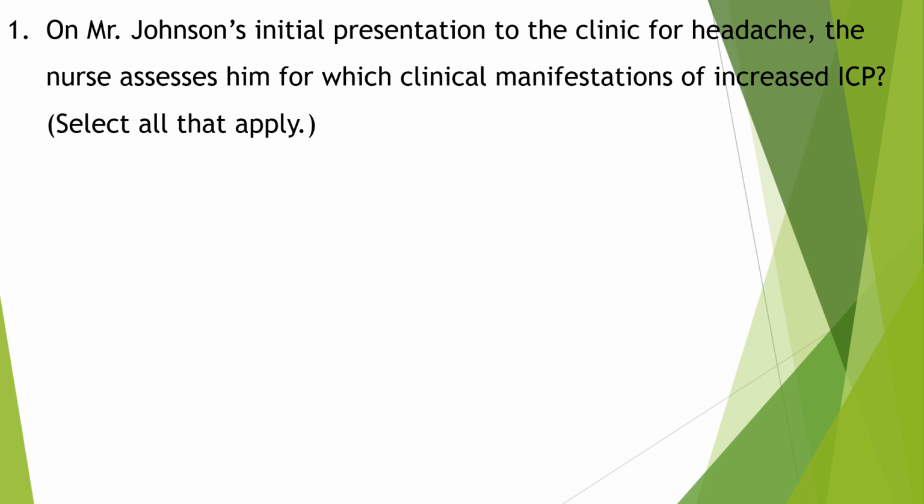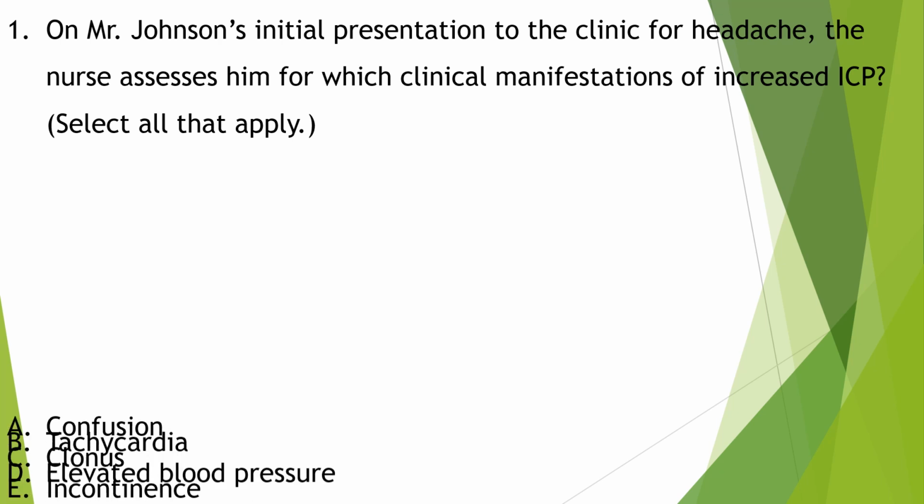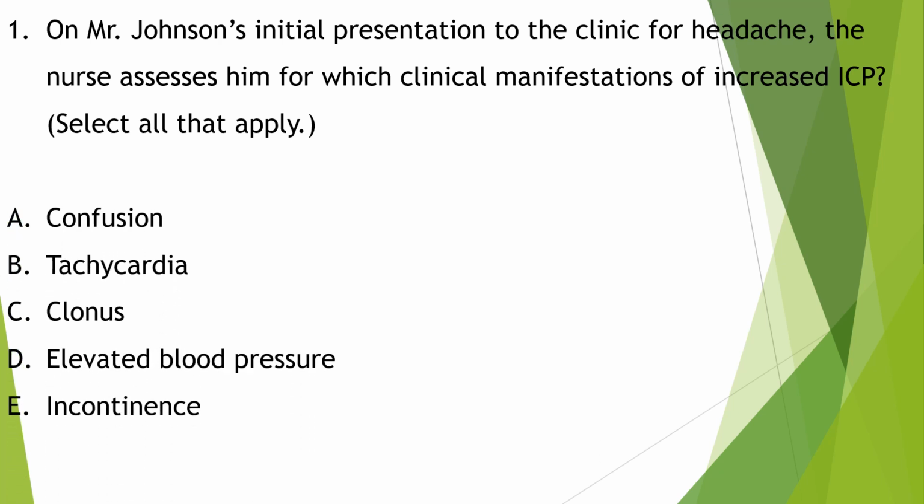On Mr. Johnson's initial presentation to the clinic for headache, the nurse assesses him for which clinical manifestation of increased ICP? Confusion, tachycardia, clonus, elevated BP, incontinence. The earliest sign of increased ICP is a change in level of consciousness that can manifest as confusion, disorientation, irritability, and somnolence.